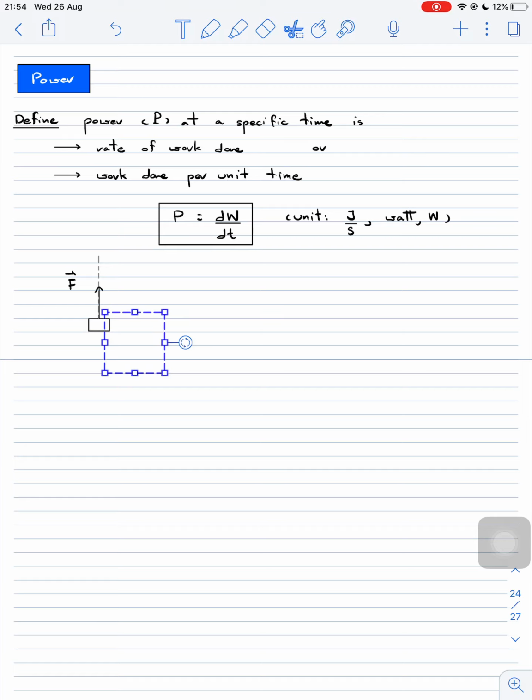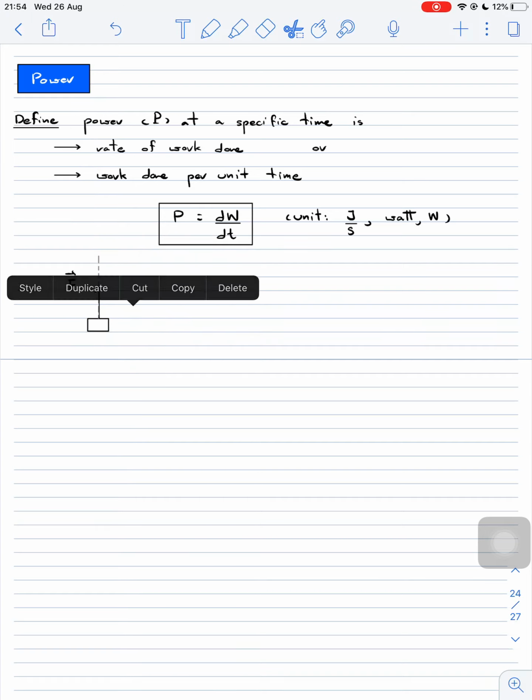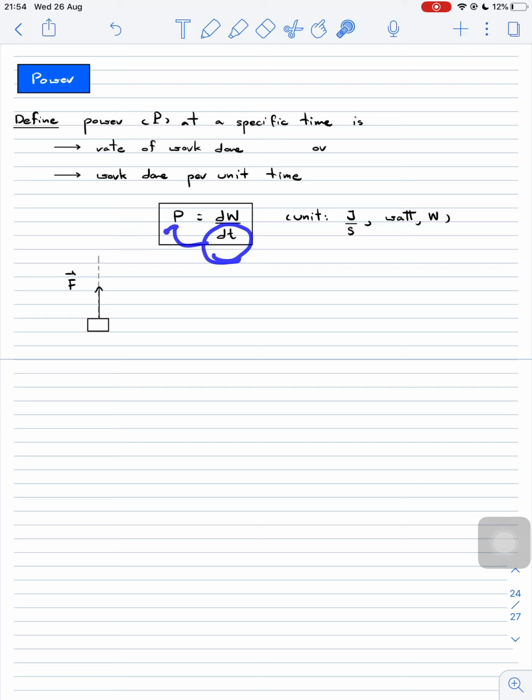The first case, the object just moves slowly. The work done is equal to the force F times the displacement. But if the object moves slowly, it means that the time is large, so the power will be small, as you can guess.